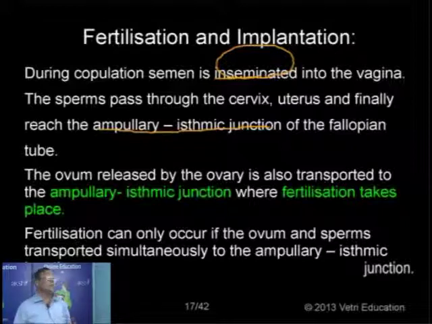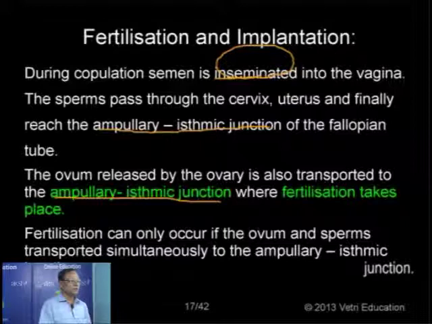Fertilization is possible only with the simultaneous transportation of the sperm as well as the egg to this destination, where fertilization takes place.